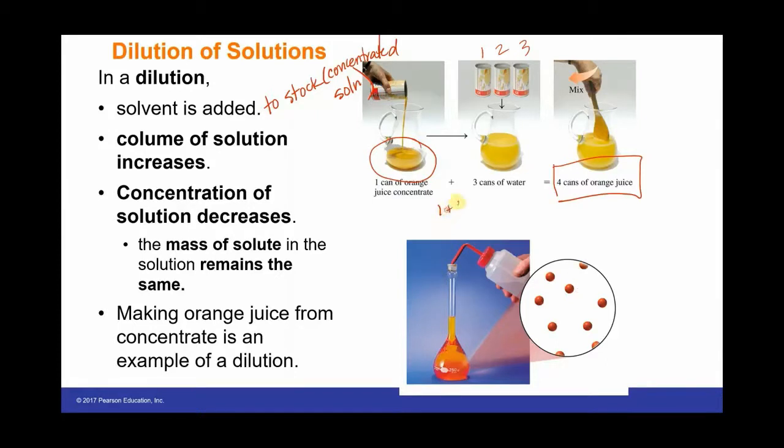So we get 1 plus 3 equals 4. So we have 1 to 4 and we have 3 to 4. The actual final concentration is 1 to 4 and we have 25% solution. Okay, so in that concentrate, we already started with an original volume, and then you add another volume to have our dilute situation.